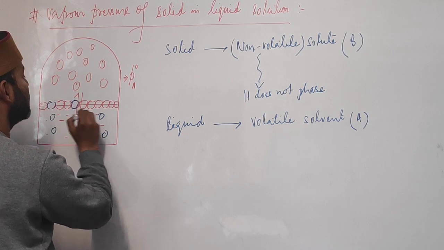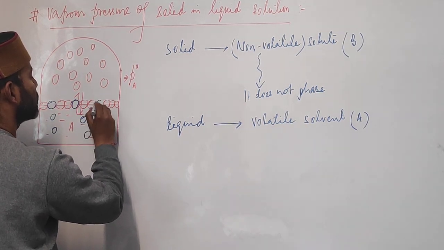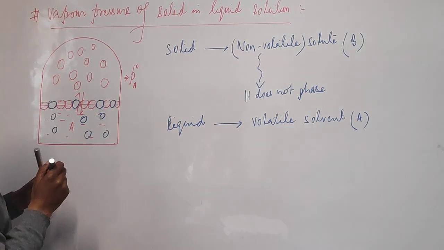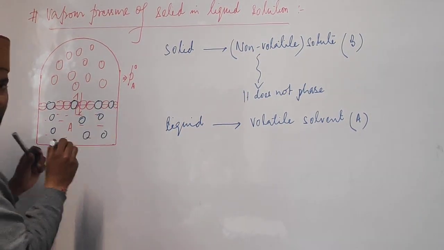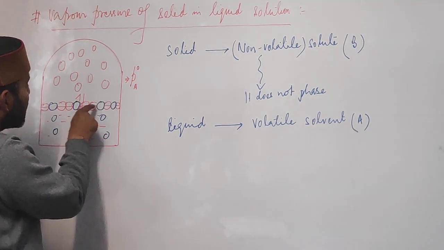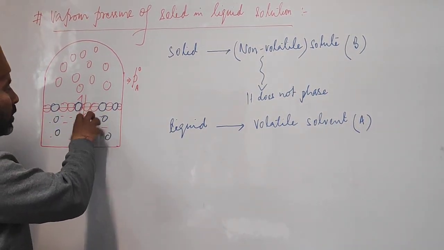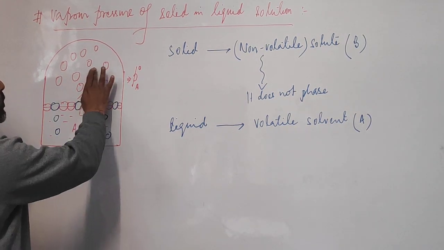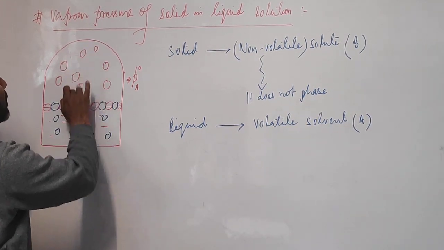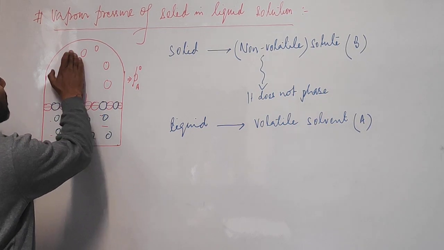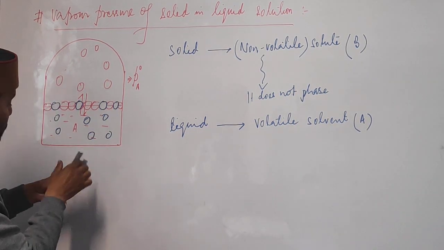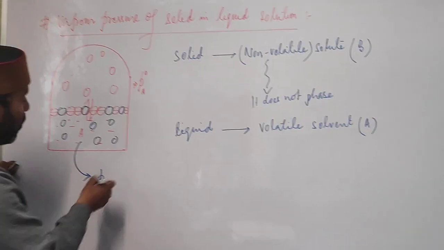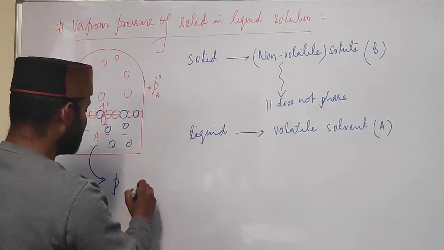We will have some molecules of B. अब लेकिन B तो volatile है नहीं, so B vapors तो नहीं बनाएगा, but students, इससे surface area जो liquid का था, liquid that means pure component का, वो कम हो जाएगा, and now we will have less vapors in the vapor phase, and therefore students, अब जो इस solution का vapor pressure आएगा P आएगा, और वो P इस P naught से कम होगा.